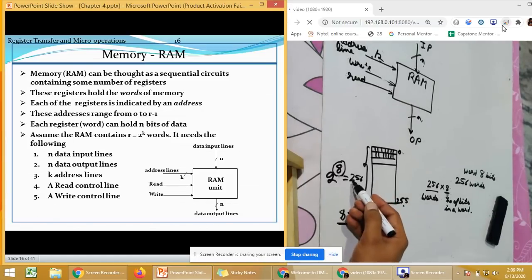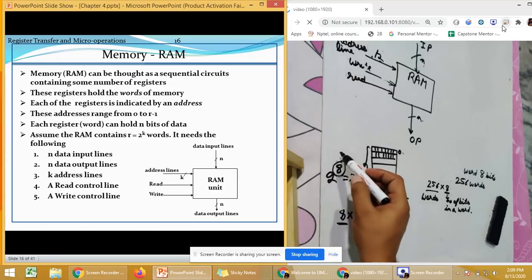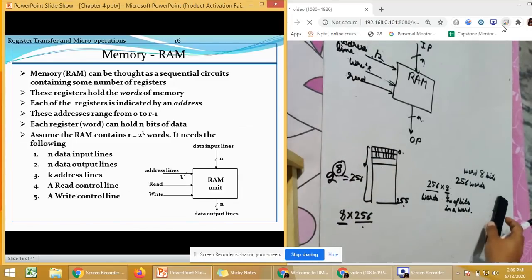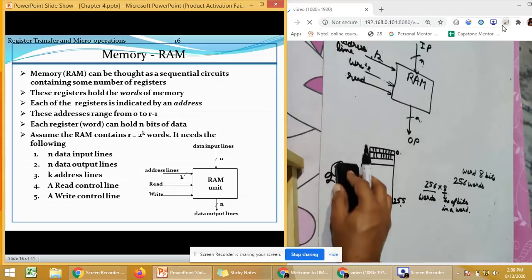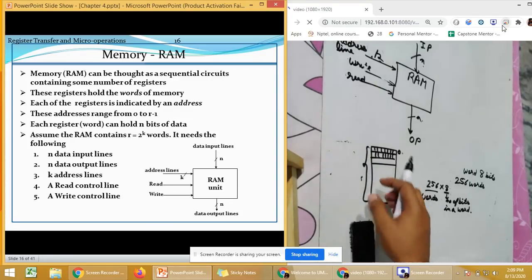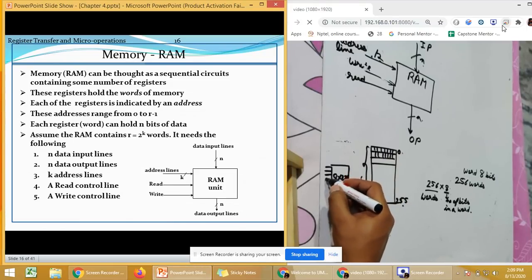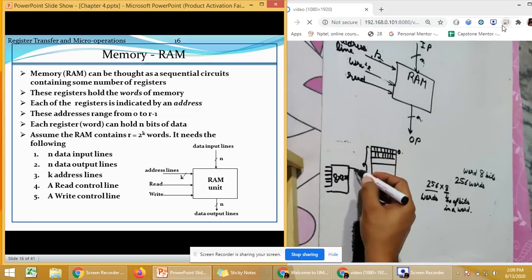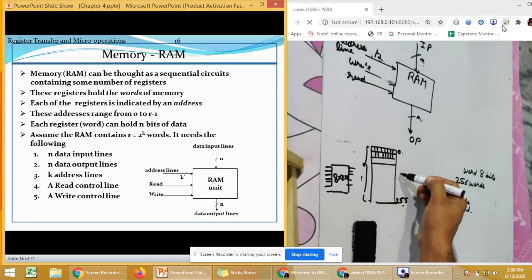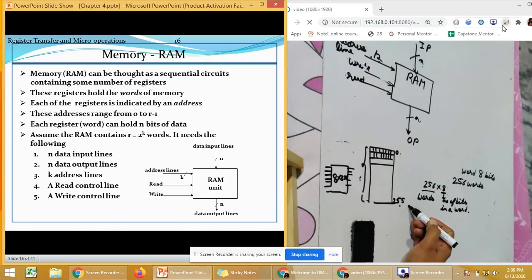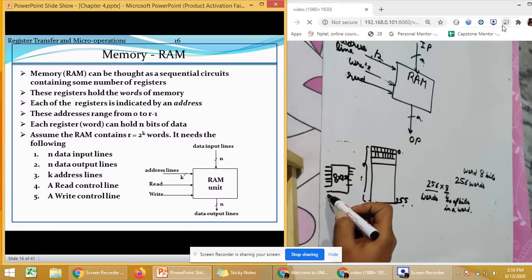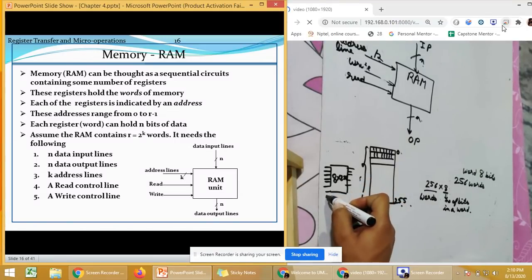So we are going to use the same concept here. If we want to refer to all these 256 lines, we will be using a decoder of 8 to 256, which will help me control or refer to all these different 256 locations by just using 8 different bits.